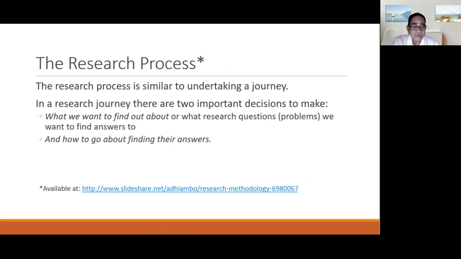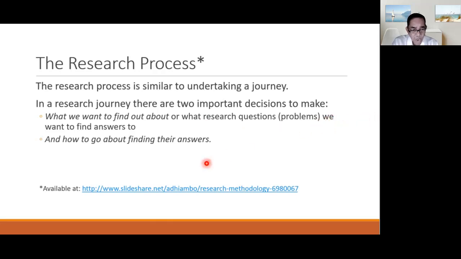Now, let's talk about the research process. The research process is similar to undertaking a journey. And in that journey, two important decisions need to be made. What we want to find out about, or what research questions or problems we want to find answers to.